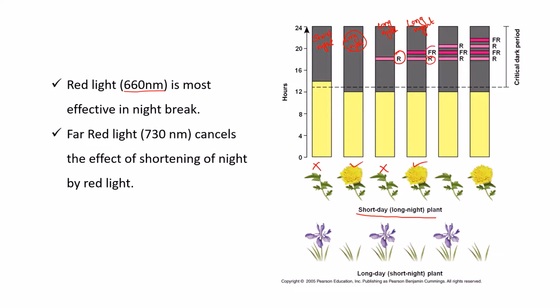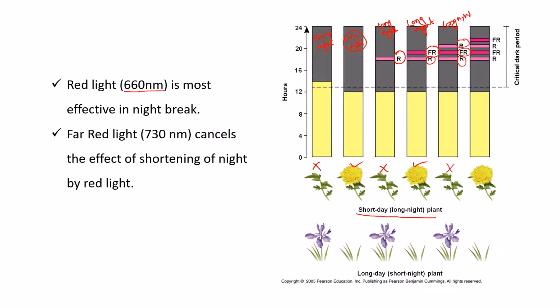Here far red light is given after red light, and that cancels the effect of red light. That's why you can see flowering in this short day plant. Next, here also a long night. Here first red light is given, then far red light, and then red light is given last.